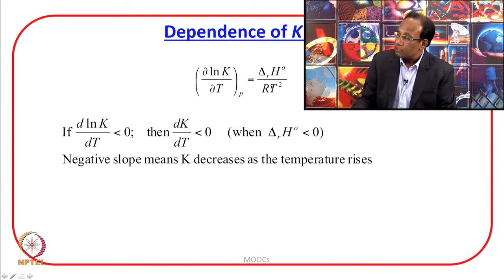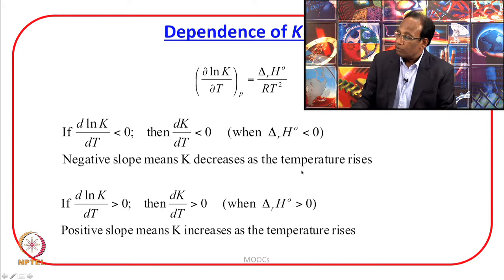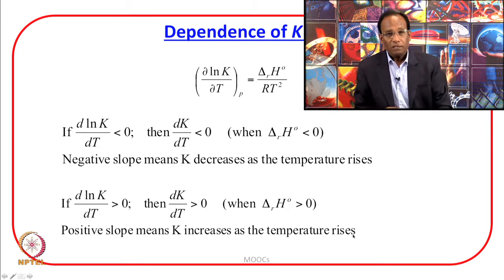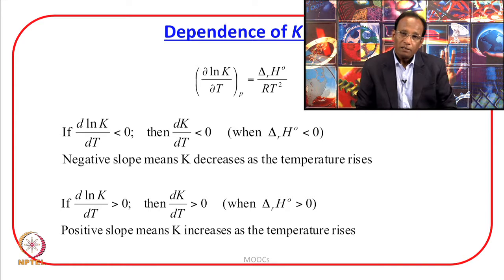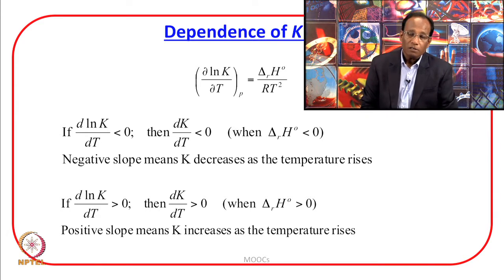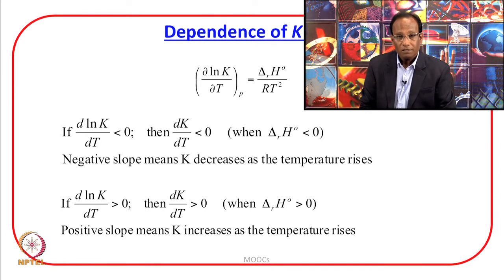As you can see from this, negative slope means K decreases as the temperature rises. On the other hand, if the plot of dK by dT gives a positive slope, that means the reaction is endothermic, and positive slope means K increases as the temperature rises. And that is what I discussed in the beginning, that these observations are in accordance with the Le Chatelier principle.